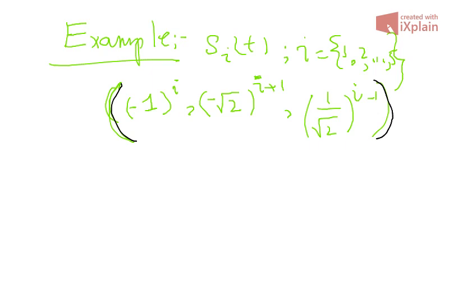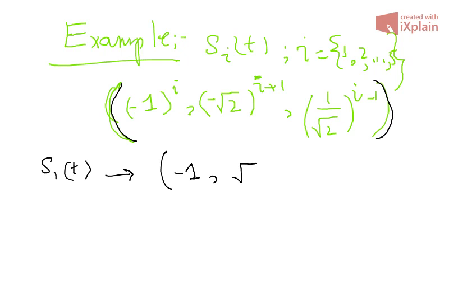Now this is the set of 5 signals which are 3-dimensional for i from 1 to 5, and if I want to find S1(t), these coordinates for S1(t), so the coordinates are given by, put i equal to 1, so this will be -1, this will be √2, no, it's just 2, right?